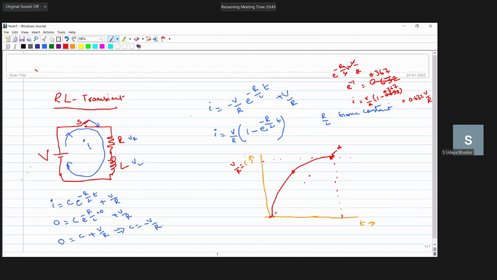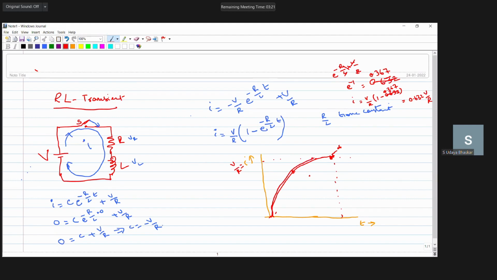I told you, whenever we switch on the switch, the current does not flow immediately, because the inductor will not allow sudden changes of current, so it changes slowly. Current is slowly allowed through the inductor.